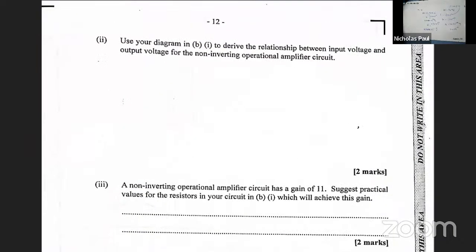So we label everything, labeling the input and all the voltages. Derive a relationship.